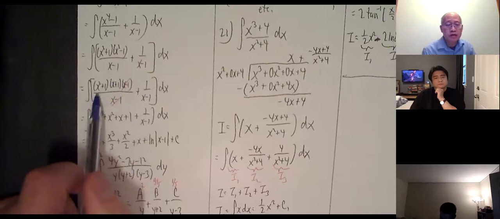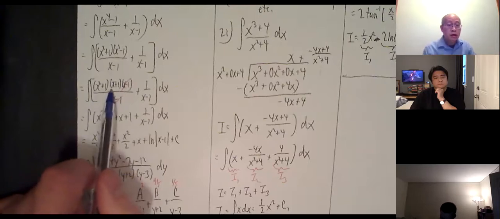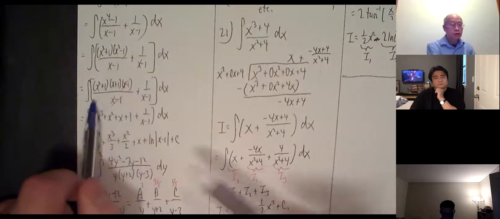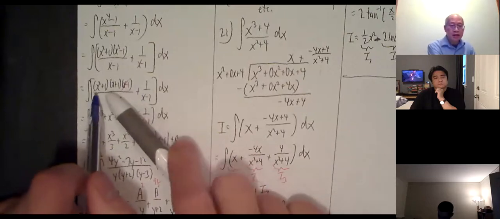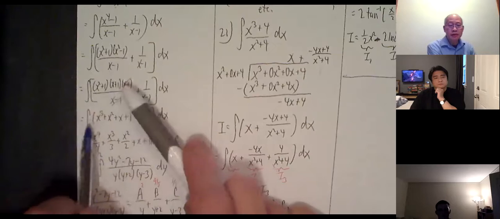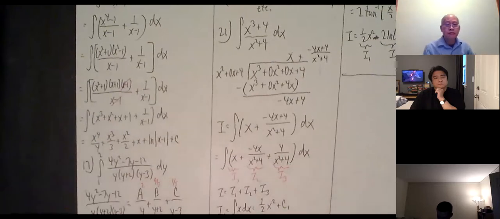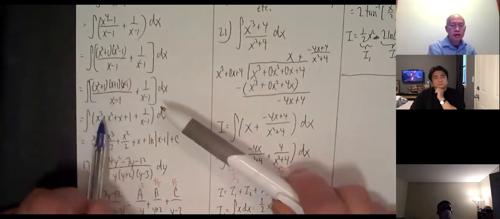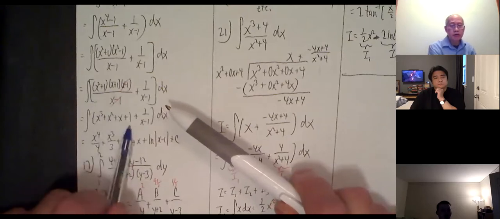So I have x squared plus 1 times x plus 1. I still have this thing here, but that doesn't bother me. I will distribute. So FOIL this out. That times that, that times that, that times that, that times that. So x squared times x is x cubed. X squared times 1 is x squared. 1 times x is x, and 1 times 1 is 1.